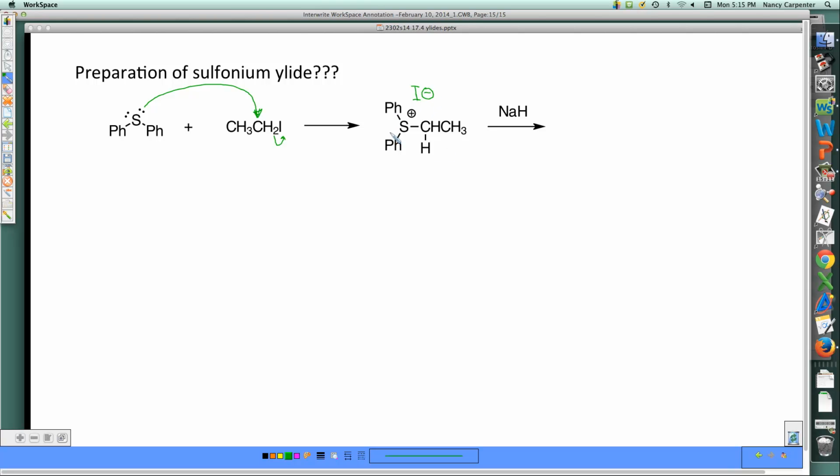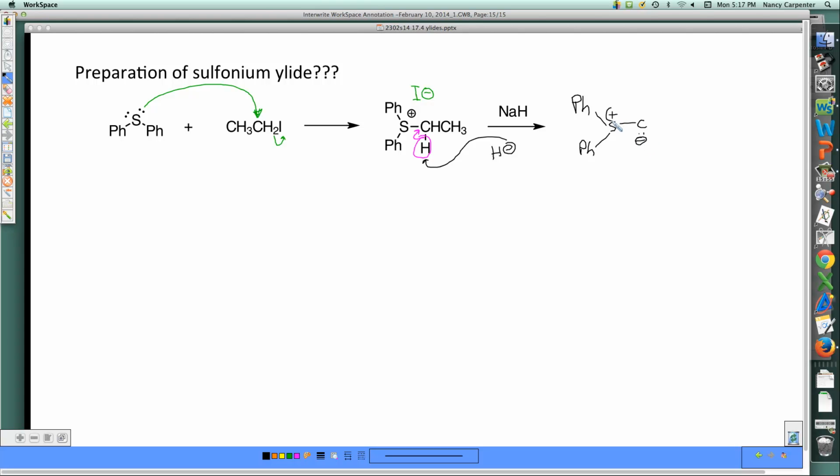So I have this sulfonium salt with an iodide counterion, and then the base, pick a base, any base, it could be sodium hydride or another base like n-butyllithium, deprotonates that hydrogen adjacent to the positive charge, pretty acidic, and that'll give you your ylide, just like you would expect.